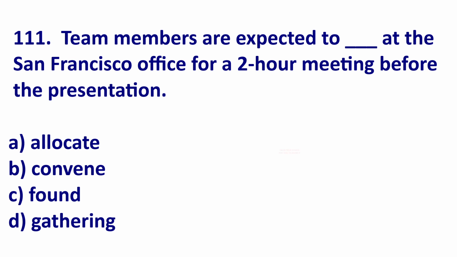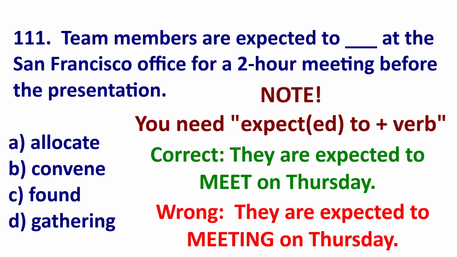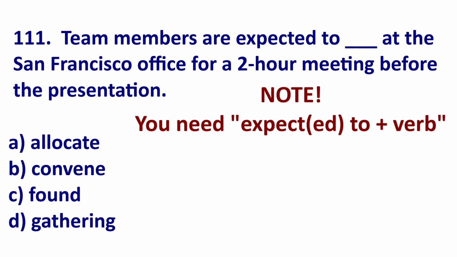All right, so let's get back to the TOEIC questions. We got two more. 111, here it is. Well, firstly, if you use "expect to" or "expected to," you need a verb after it, a base verb. An example, we are expected to meet on Thursday, or it is expected to happen next week.